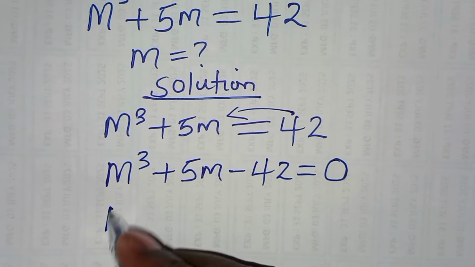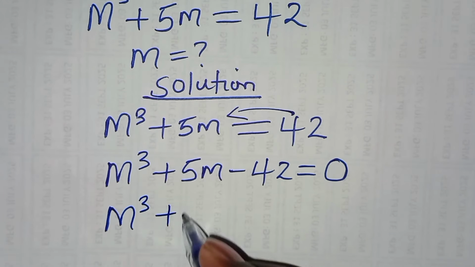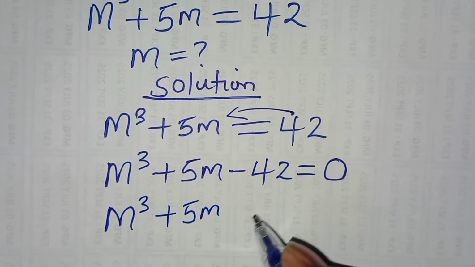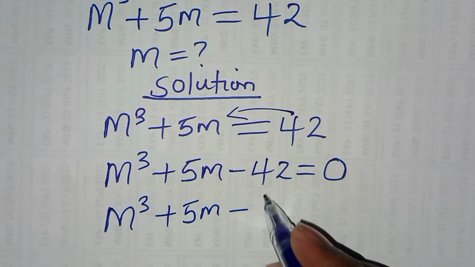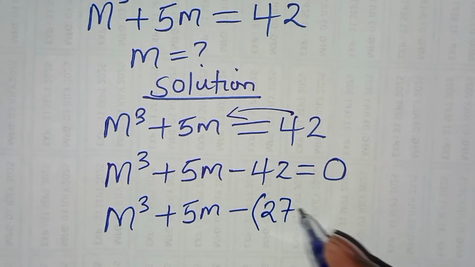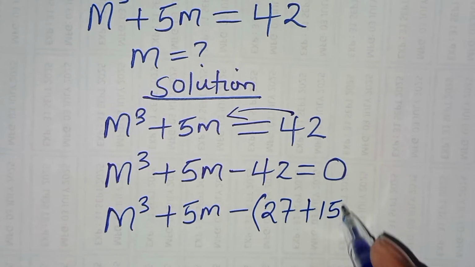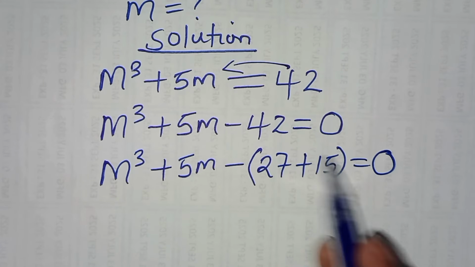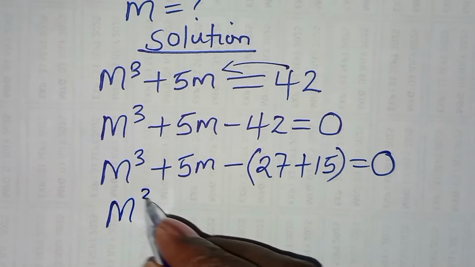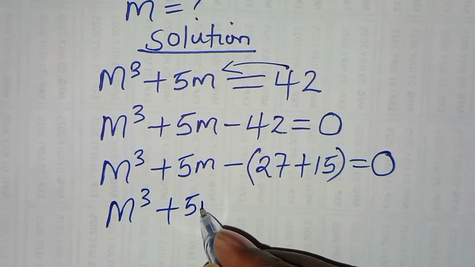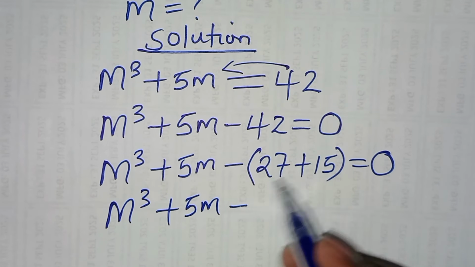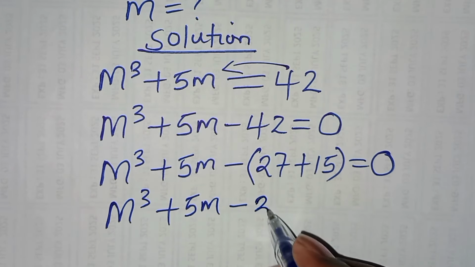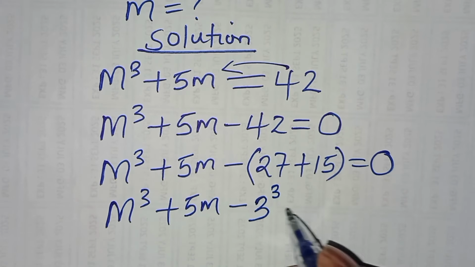Now, here we have m to the power 3 plus 5m subtract 42, which we can express as 27 plus 15. The next step from here, we have m to the power 3 plus 5m subtract 27. We can express 27 as 3 to the power 3.